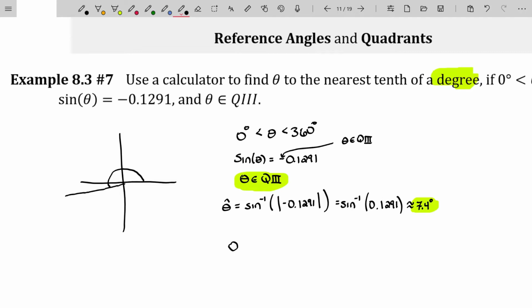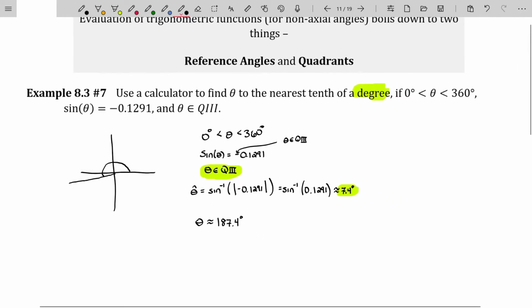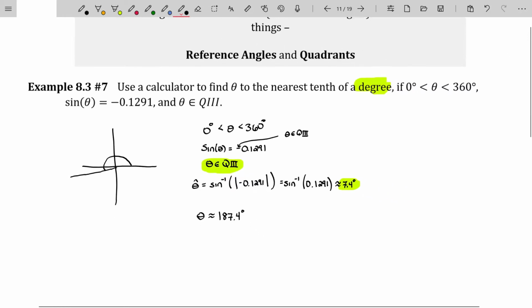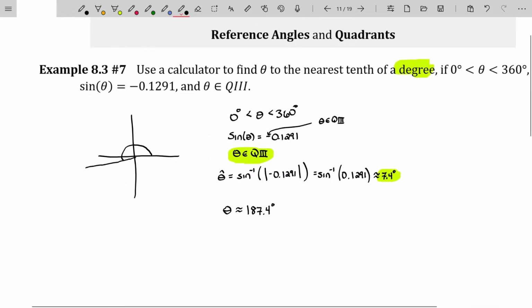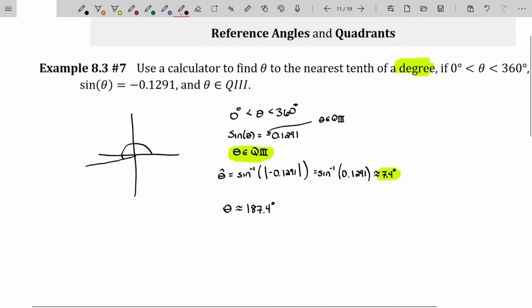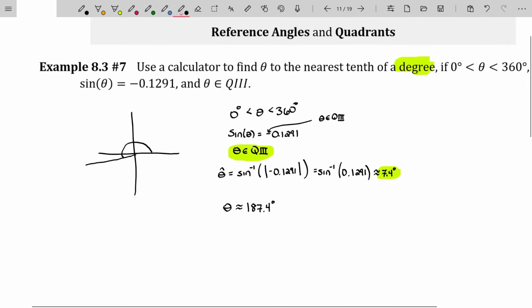So therefore, the actual angle that you're working with is approximately 187.4 degrees. That would be the value of the angle such that the sine of that angle would be negative 0.1291, where the angle is in quadrant 3.